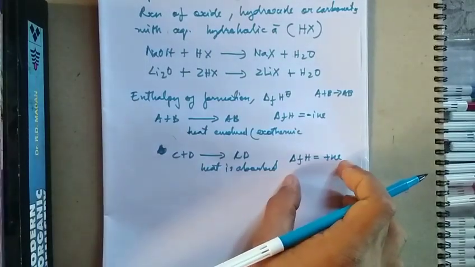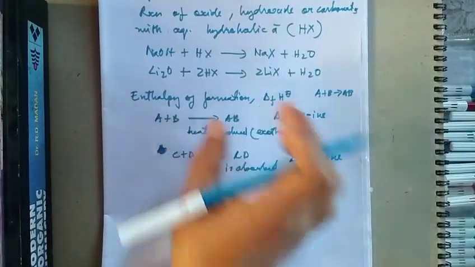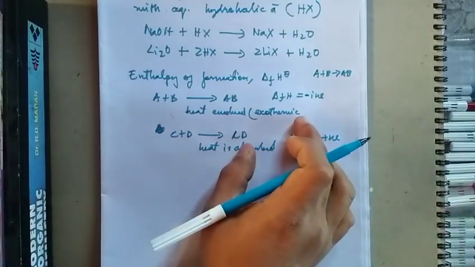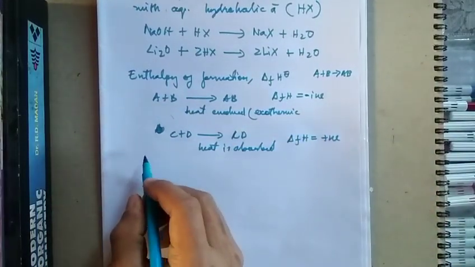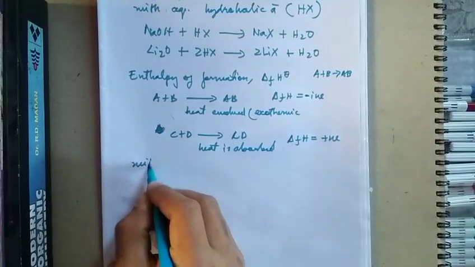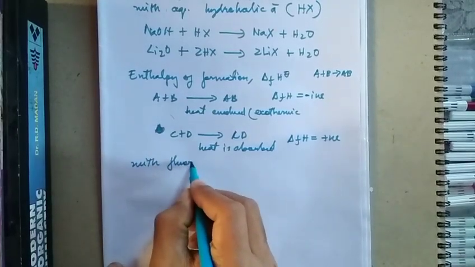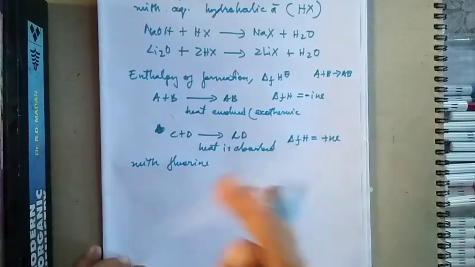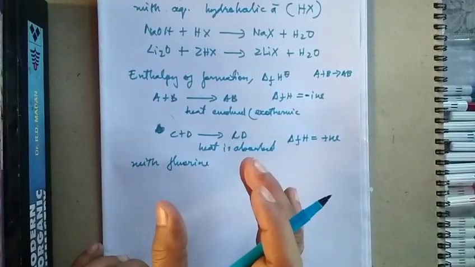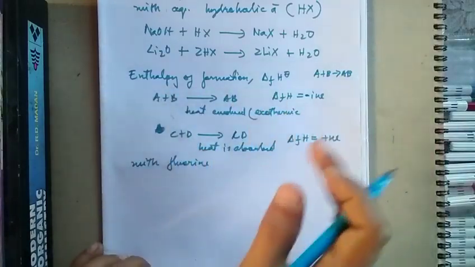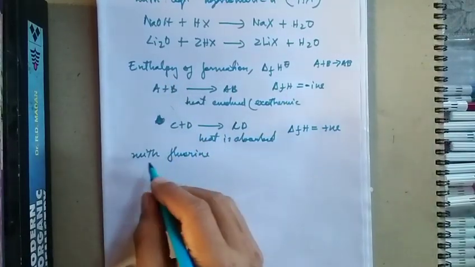So we are going to talk about the enthalpy of formation of these alkali metal halides. Let's see for fluorine, how is the enthalpy of formation with this fluorine?